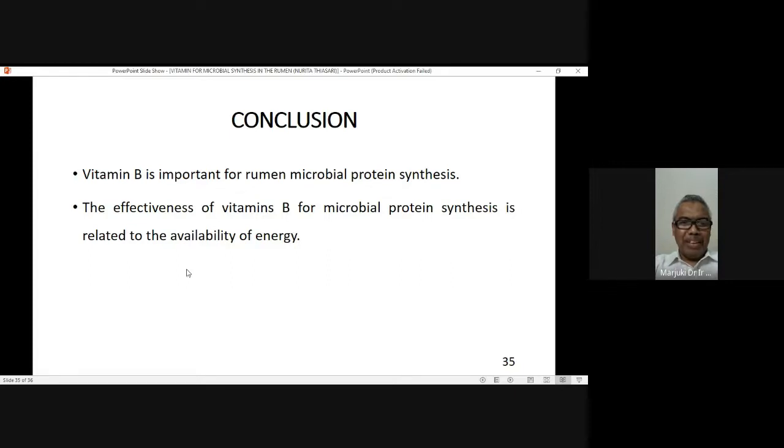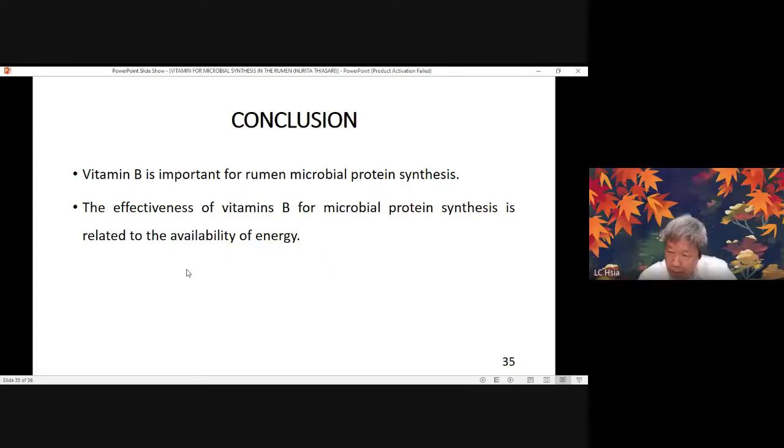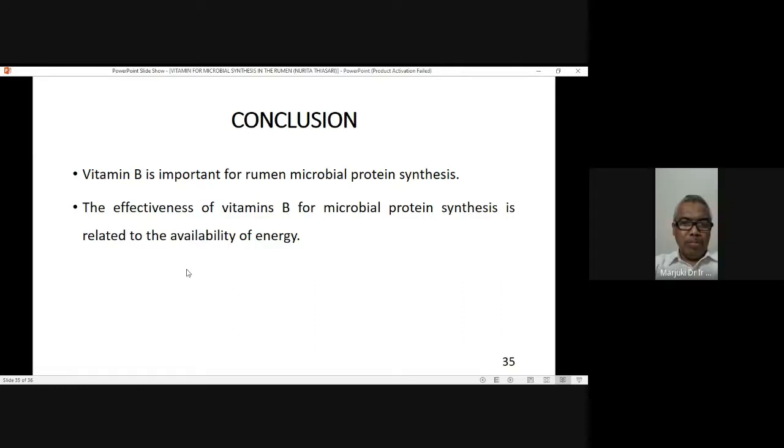That's why Prof. Hsia suggests you read more papers to have a comprehensive understanding of the role of vitamins. Again, vitamins cannot stand by themselves in biochemical processes.